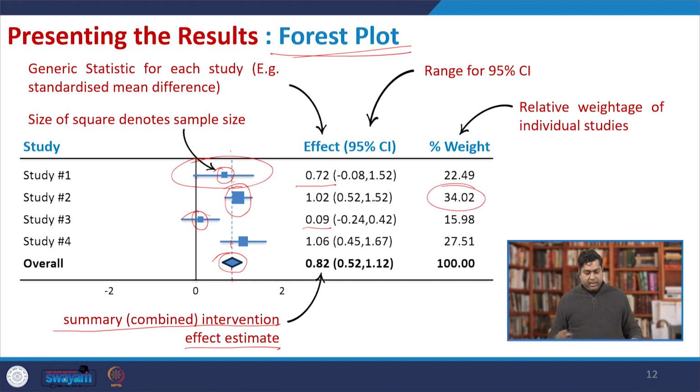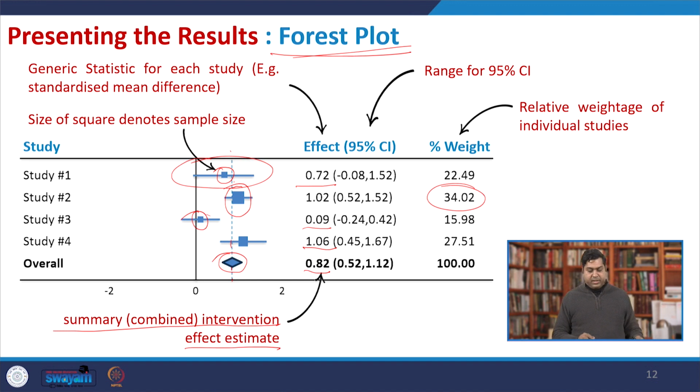Finally, you can see the resultant value is around 0.82. That means in all these studies, the correlation that has been studied and the generic statistics have been considered for this.